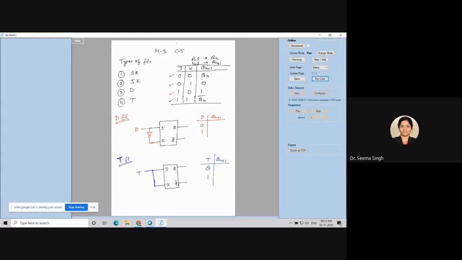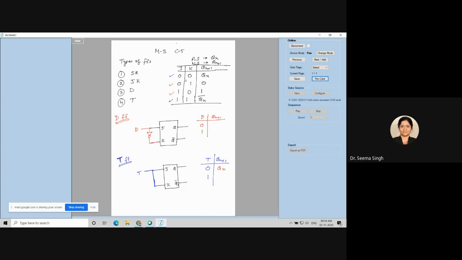If both the inputs are shorted, either both J and K will be 0 and 0 or both J and K will be 1 and 1. So this blue tick shows that these two row states belong to T flip-flop. So J and K are 0 and 0, so Qn plus 1 will become equal to Qn, right?